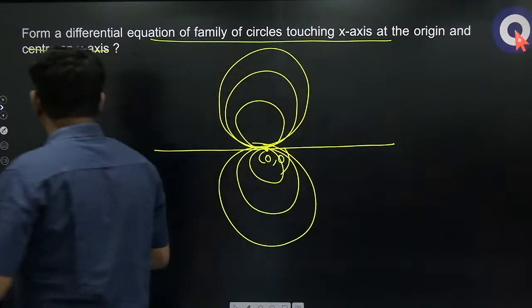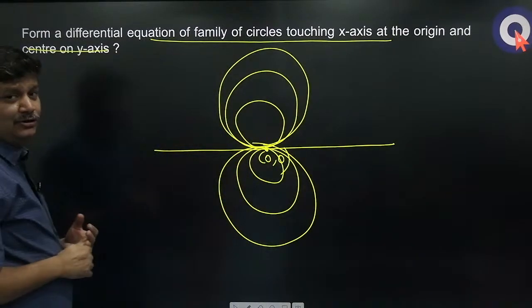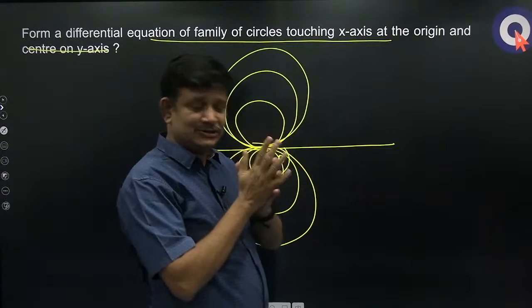What will be the order of this differential equation? For that you need to know how many arbitrary constants are there.